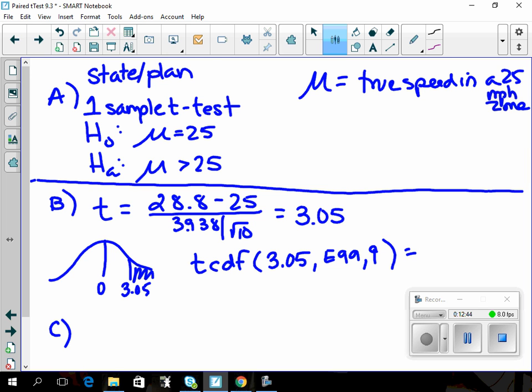You should have gotten something like this. And this is our p-value. Yeah? Good so far? So they need to have all three of those things. I'm sorry, they have to have four of those things, right? They have to have the calculation shown, the actual test statistic, the picture shown, and then our p-value.